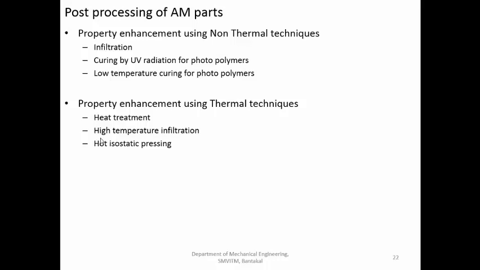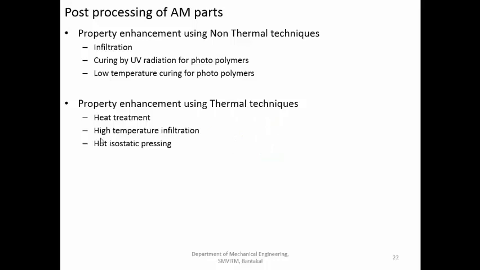So in order to avoid all these things, we can also perform stress relieving cycles to relieve the stress and improve its properties. The other one is high temperature infiltration. The infiltration process is basically carried out at high temperature, heating the workpiece and also heating the material which we want to infiltrate into the workpiece.